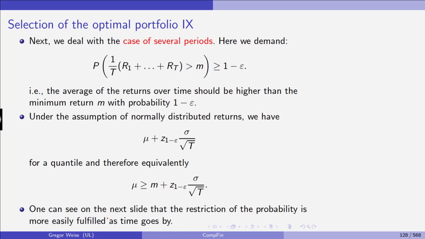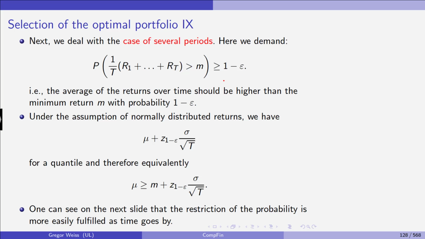We demand that the probability of the weighted return, of the average return, being larger than m should be higher or equal to 1 minus epsilon. For example, we could ask that the probability of an average return of at least 5% over the days from 1 until capital T should be higher than 95%.